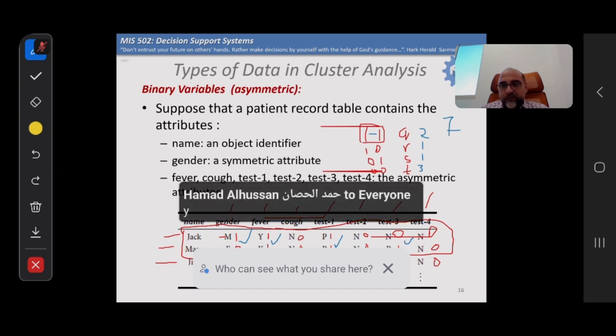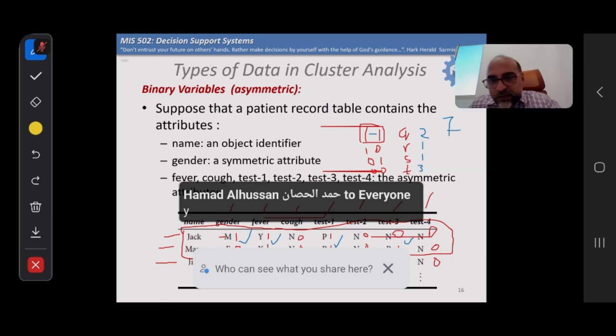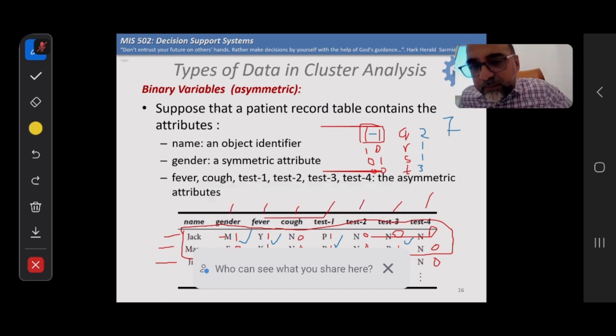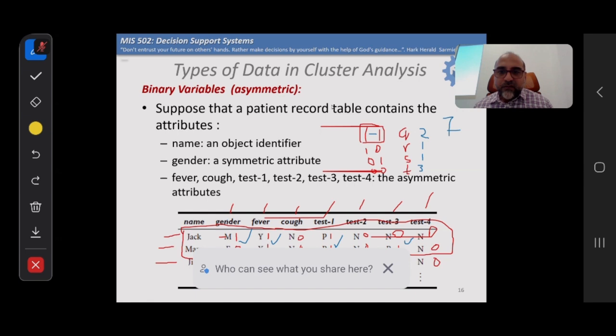When you're male and the second person is male, isn't this a match? Yes. So 1 and 1 means it's a match situation. What about 0 and 0? Is this a match situation?